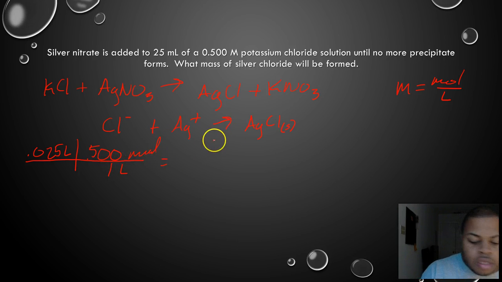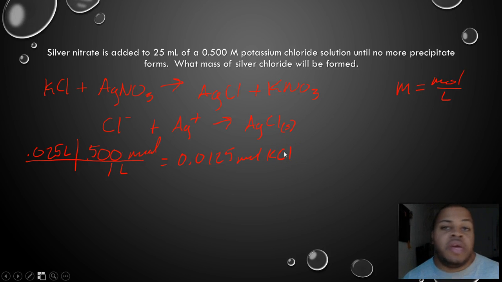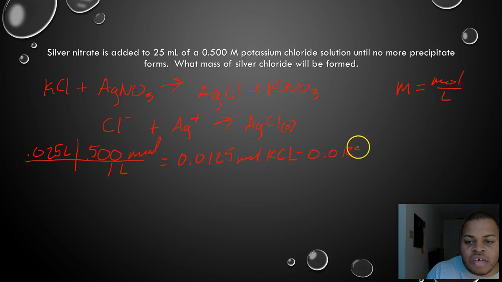And we're going to come out with 0.0125 moles of KCl. Now, knowing the relationship that we have between these, I know that for every 1 potassium ion, I'm going to have 1 chloride ion. So, in essence, I can say that I have 0.0125 moles of my chloride ion.